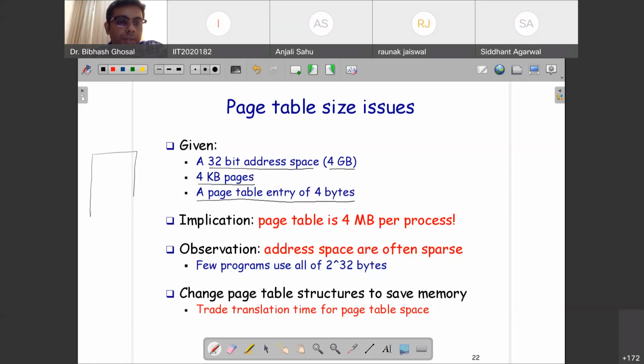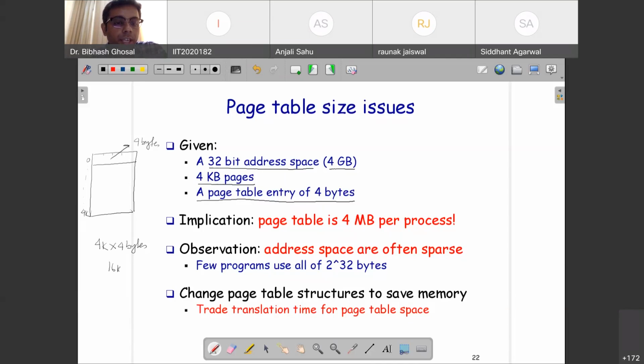The size of the page table: 4 bytes per entry, and there are a total of 4K entries. So one page table, how many bytes is it holding? 4K entries, and each is having 4 bytes.